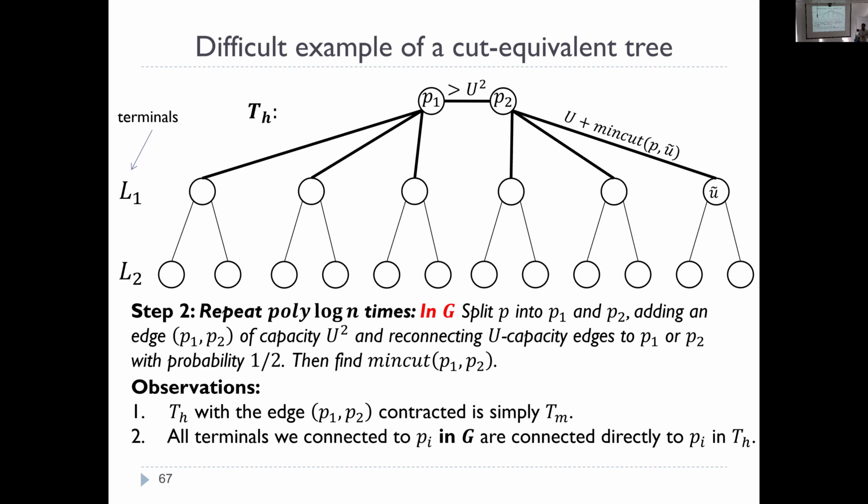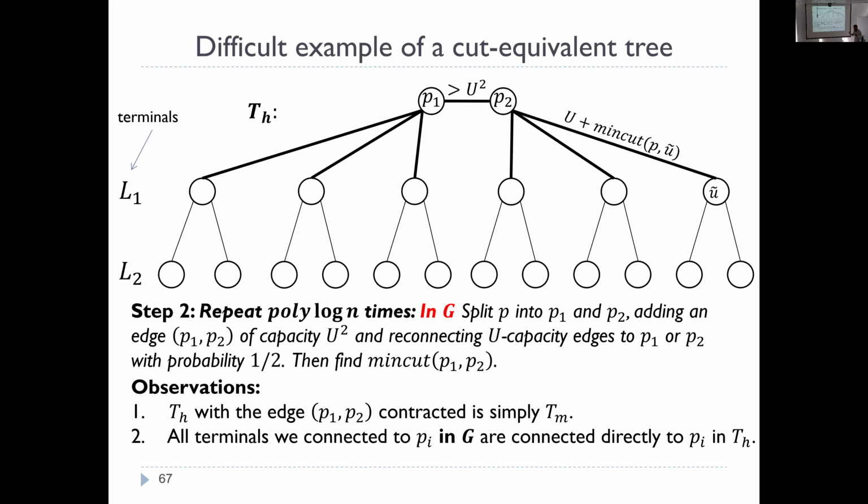And the second observation is that all terminals that we connected to, let's say P1 in G, are going to be connected to P1 also in the Gomory-Hu tree. They're not going to be connected to P2, right? So if we connected that node to P1 in the graph, it's impossible for it to be connected to P2 now in the Gomory-Hu tree after the modification.